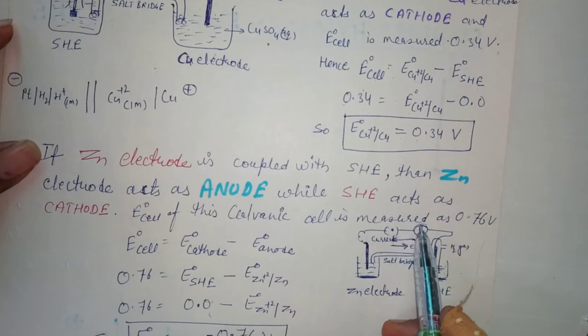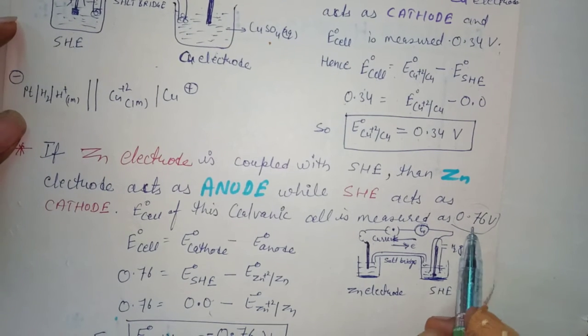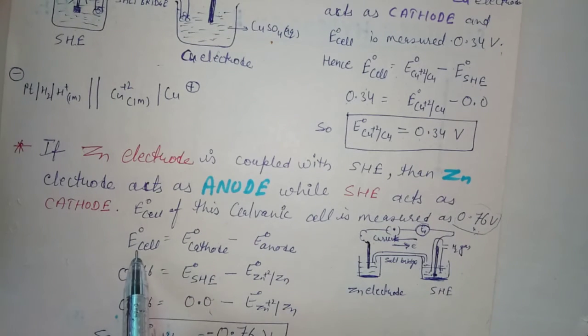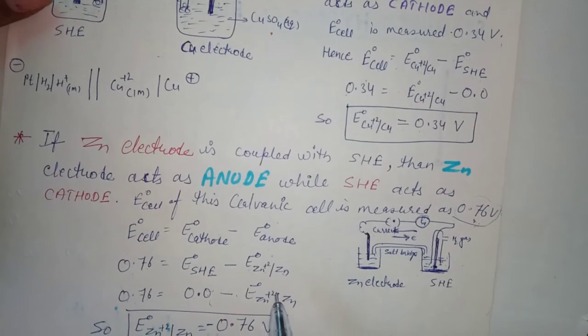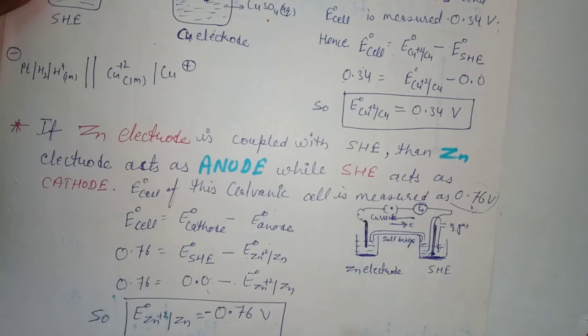In the galvanic cell the reading is 0.76 volts, which means the E naught cell is 0.76 volt. According to the formula, E naught cell is equal to E naught cathode minus E naught anode. Here E naught cell is 0.76 volt, the cathode is SHE, so E naught SHE minus E naught Zn2+/Zn. Then 0.76 is equal to SHE 0.0 volt minus E naught Zn2+/Zn. So E naught Zn2+/Zn is equal to minus 0.76 volt.